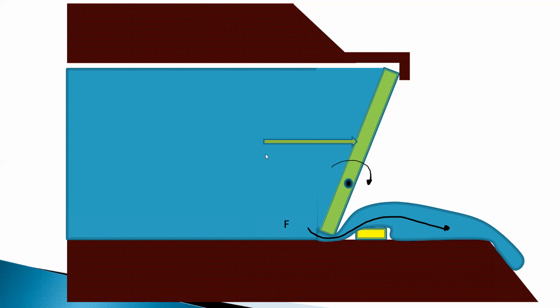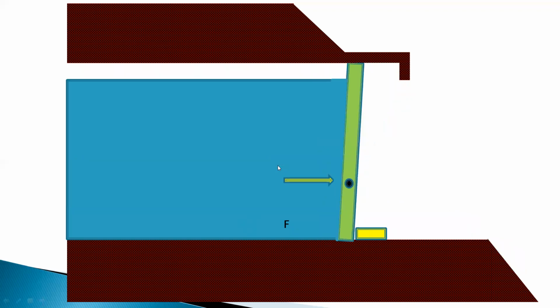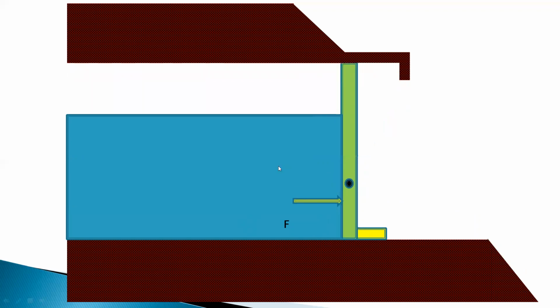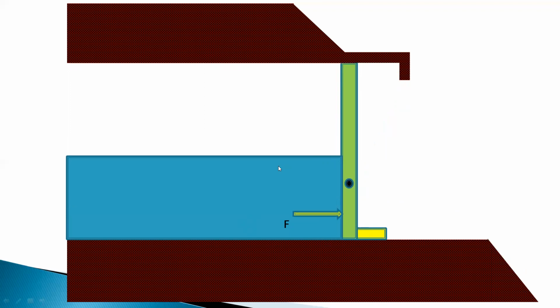Again, if the water level decreases, the resultant force will shift downward and slowly close the gate. So here you can see the force shifting in the downward direction. This is the application of the total pressure and the center of pressure.